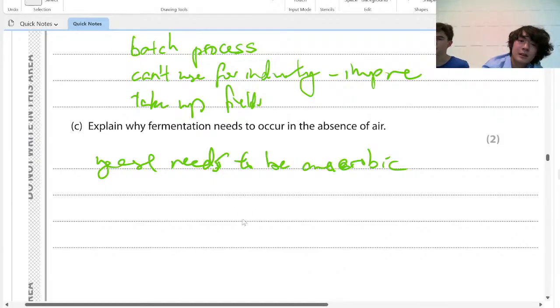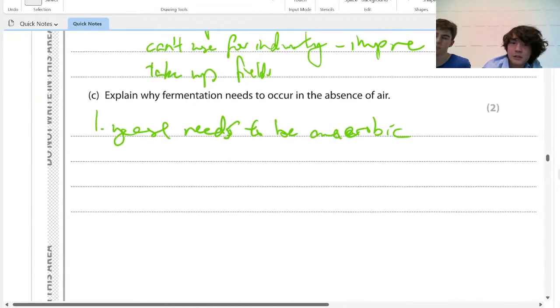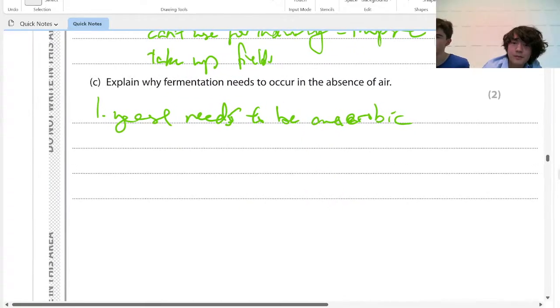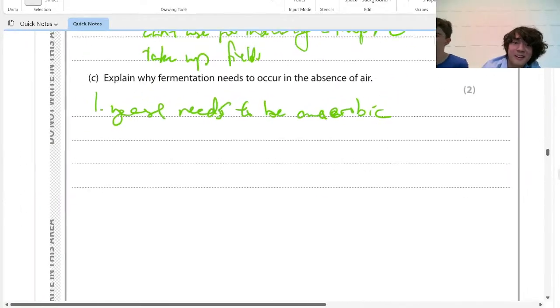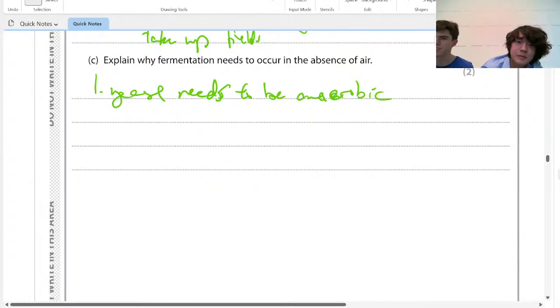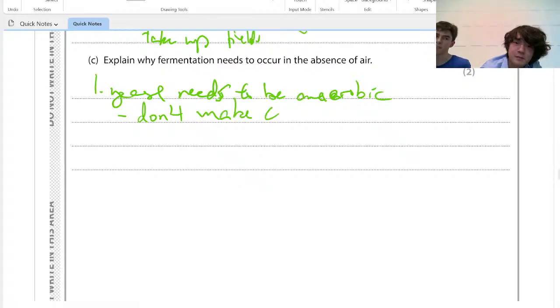Then just write some second point. Here it says so that ethanol can be formed. Just write a lot and hope you get the second mark. The other explanation is that ethanol would oxidize and produce ethanoic acid, like we went over before.